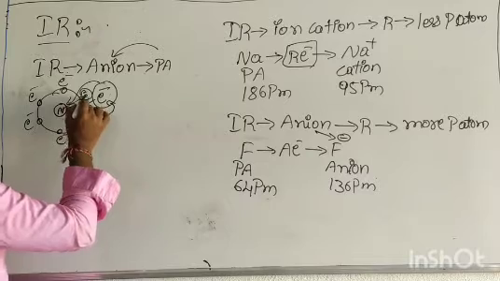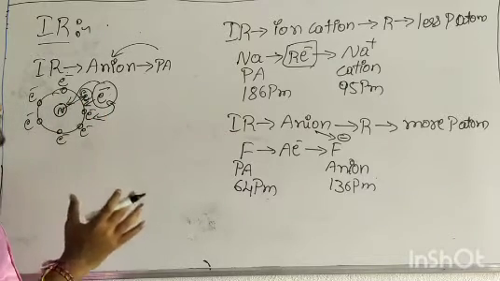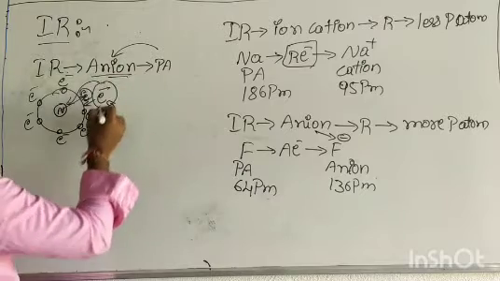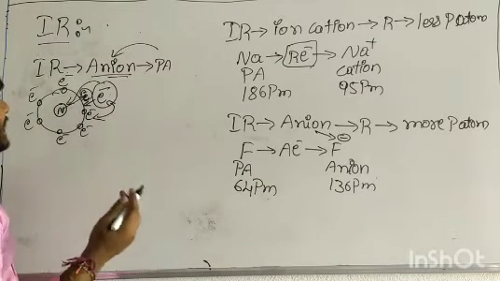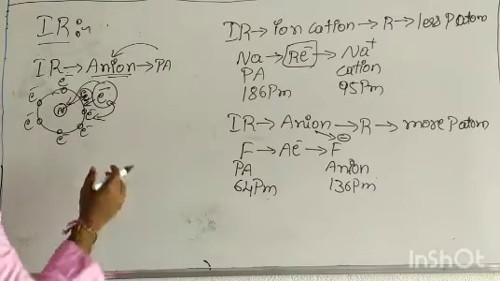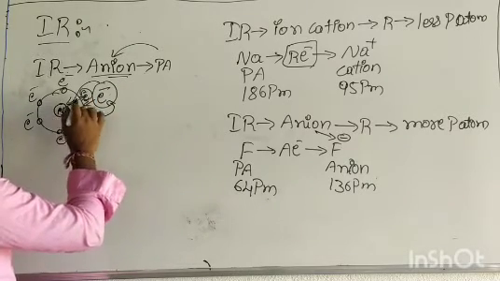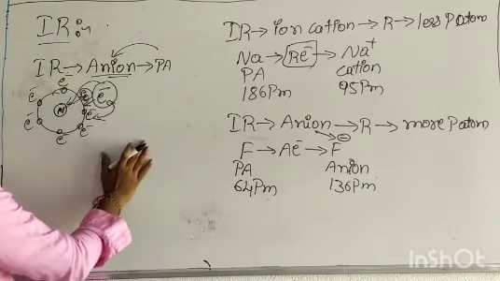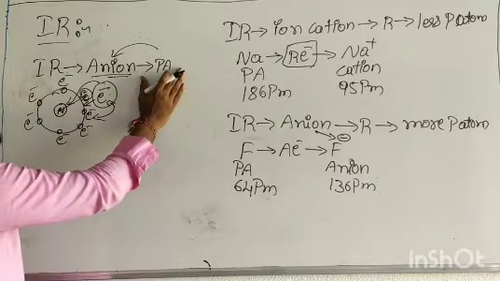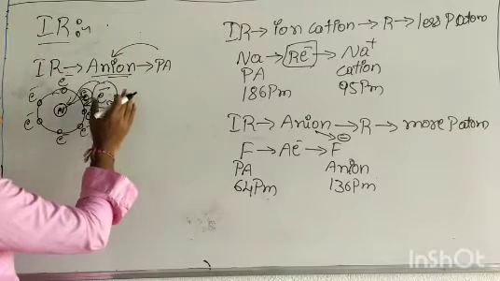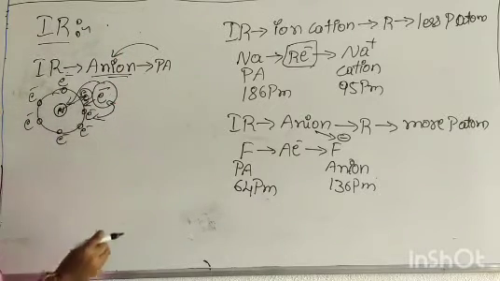So the distance between these two will increase. So your anion will always have an electron at the last part, so the distance between the nucleus and the electrons increases. Compared to the parent atom, your anions will have a larger ionic radius.